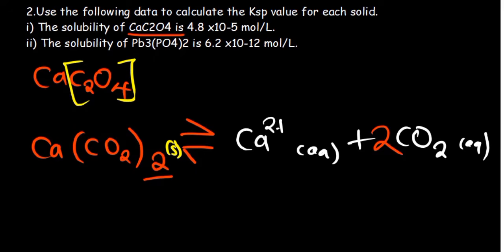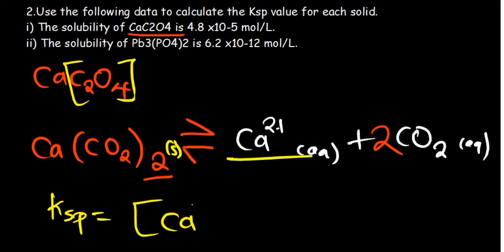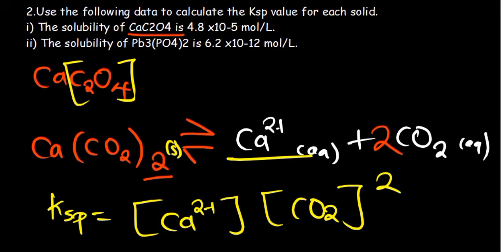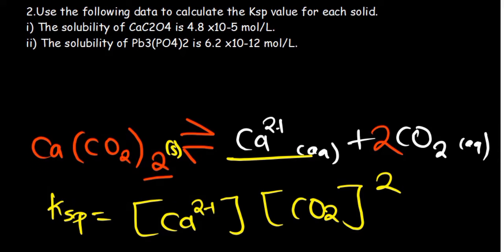Now, the KSP expression is going to be what? So the KSP expression is going to be dependent on this. So we have calcium 2 plus the power 1, and then we have carbon dioxide the power 2. Now, one point that I didn't make is solubility basically is going to be the same for our solids that we have. So on the part of our change, this is plus x, that is plus 2x if we are going to write our ice table.